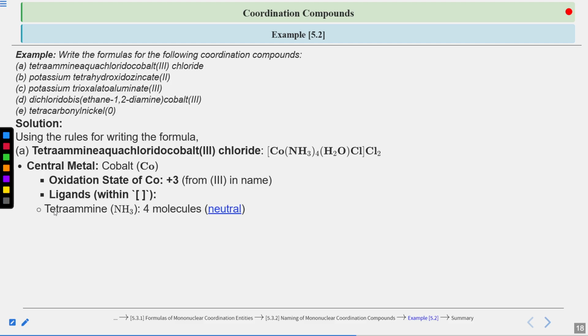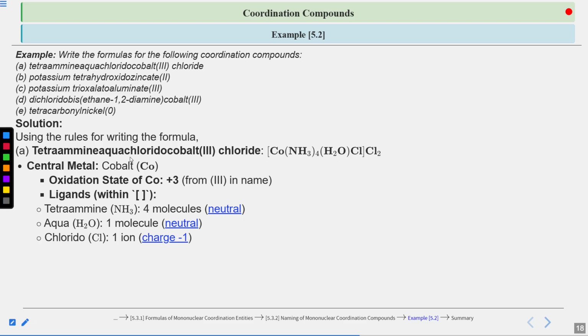So the ligands will be tetraamine, that is NH3 molecule, and there are 4 molecules of amine because the tetra prefix is used. So the amine molecule is basically neutral. Then comes aqua. Aqua is used for the water molecule in the name. So aqua is 1 molecule because there is no prefix before the aqua, right? So only 1 molecule is present for the water, and this is also a neutral molecule.